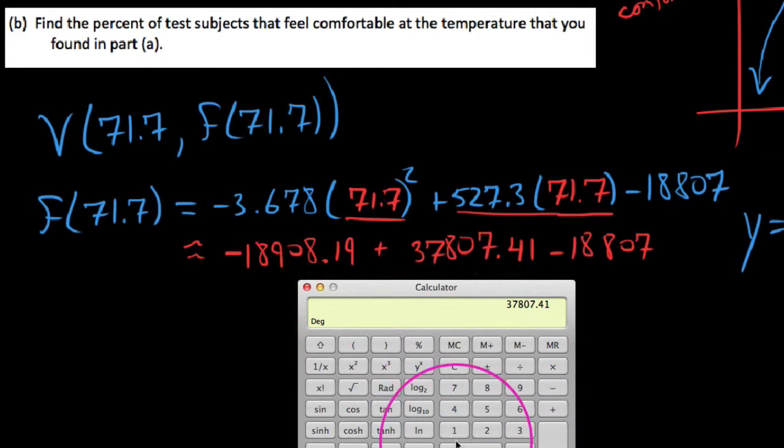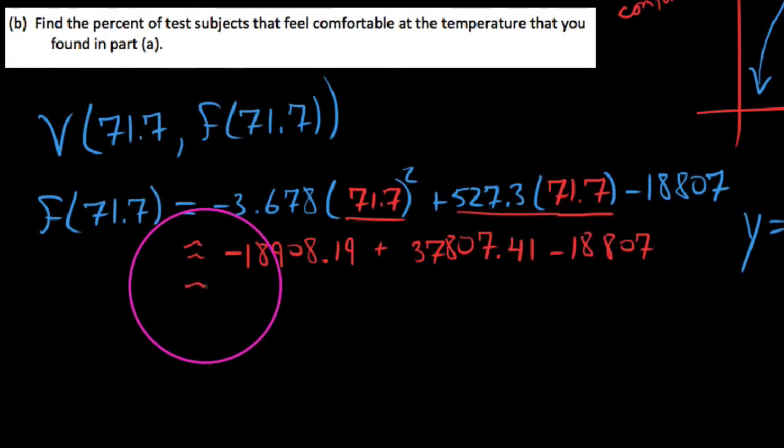So we had negative 18908.19, plus 37,807.41, enter, minus 18807. So what we yield is this 92.22.